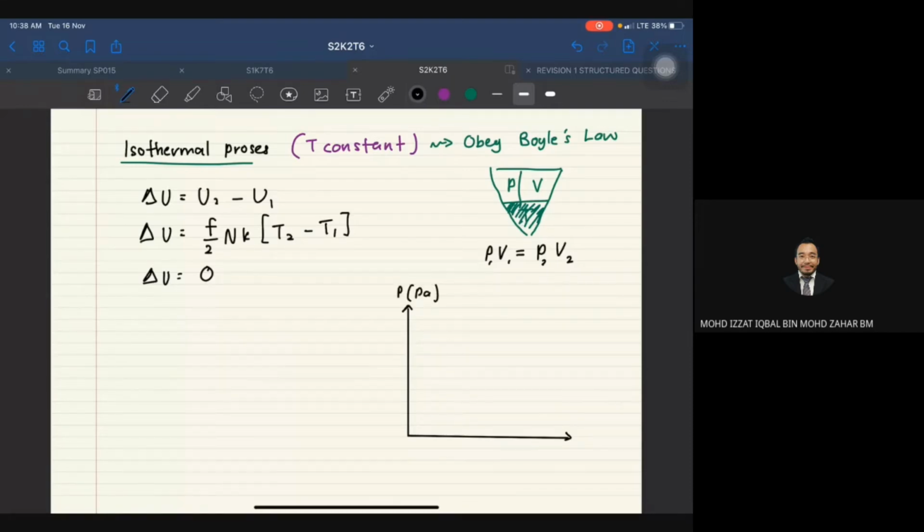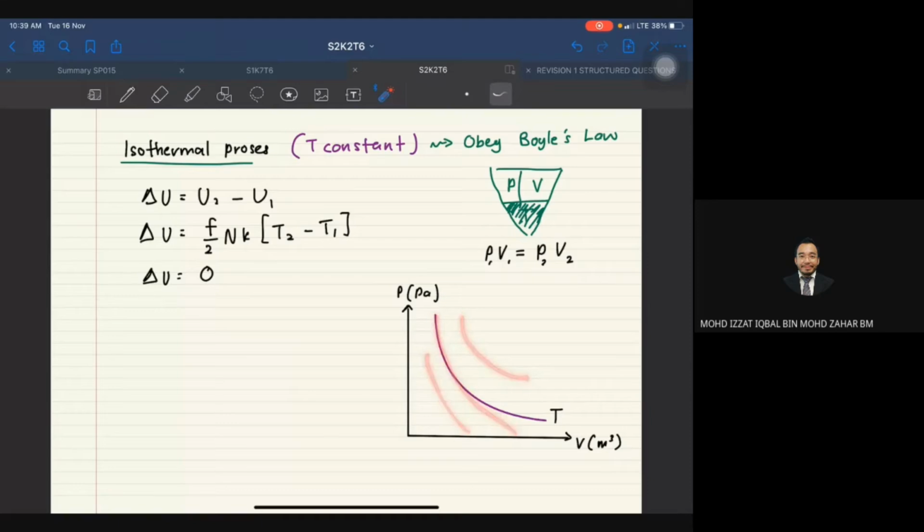Normally SI unit is in Pascal lah, V in meter cube. Since you have a constant temperature, you have one temperature profile. Satu curve ni means that the temperature has one value. So this one is T. Kalau ada different temperature, you will expect to have a different curve.